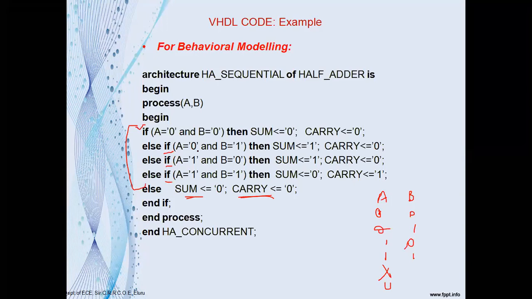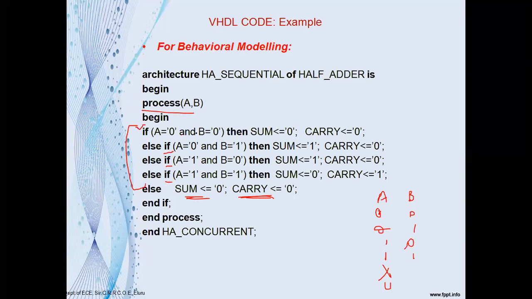Other than these conditions, if any other inputs are given, the sum and carry must be 0. So this is the behavioral modeling style. In behavioral modeling, we use the process statement.